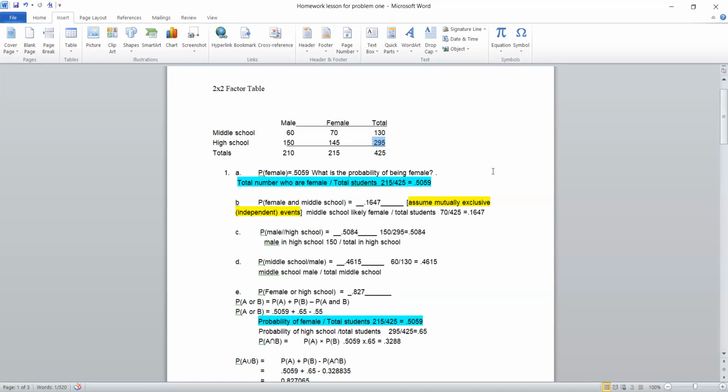Now, how did I know that? Well, does it make sense to use total male with total amount of high school students? No, because some of those are middle school students and we don't need to consider those. We're not considering middle school at all here. We're looking at the males in high school.